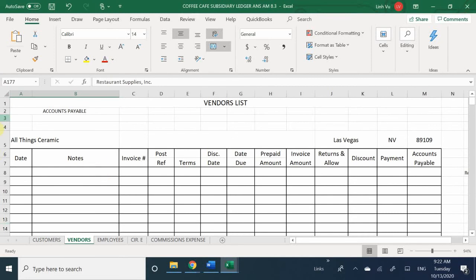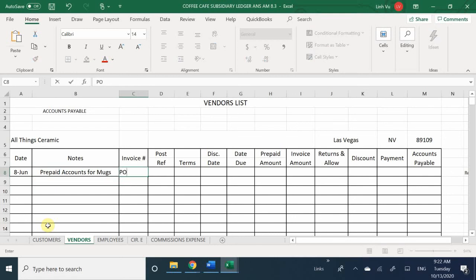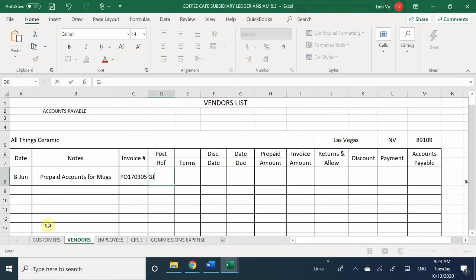I'm going to indicate the date. Notes is going to be prepaid accounts for mugs. And then here you're going to write your purchase order because it's affecting your purchase order. 305. Post reference is going to be general journal number 3.